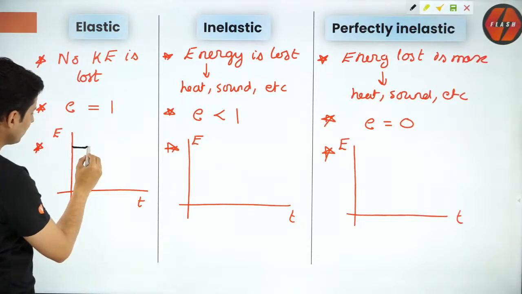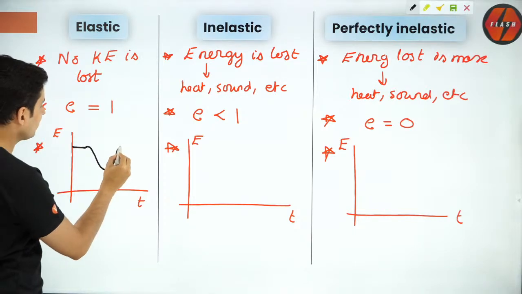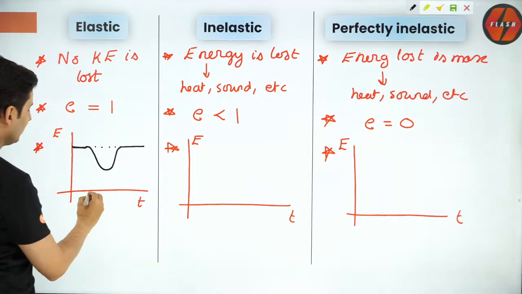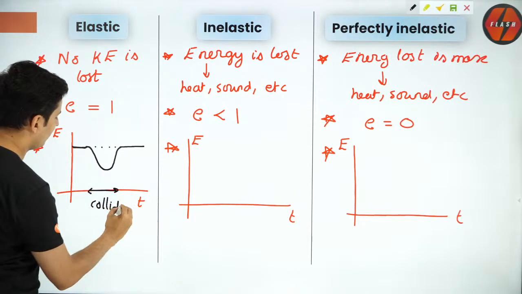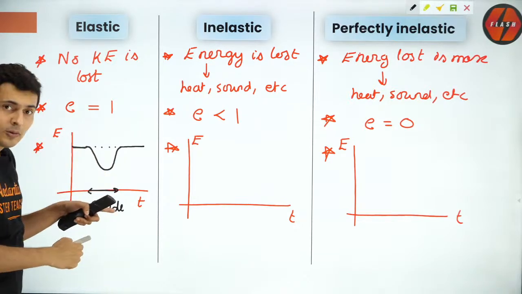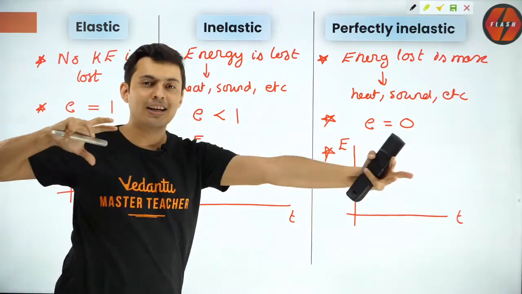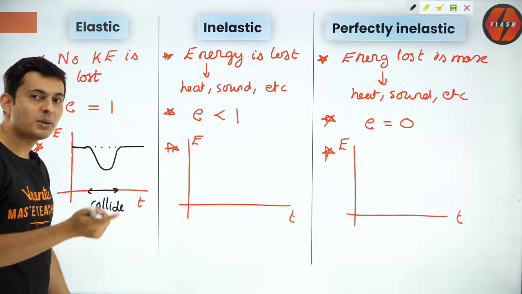When the collision begins, the kinetic energy will go down, and again it will bounce back to the original value. So this is the duration of collision. This is when they collide. It goes down because for a brief moment there is some deformation, but after that the deformation goes away. So the kinetic energy bounces back to the same value.